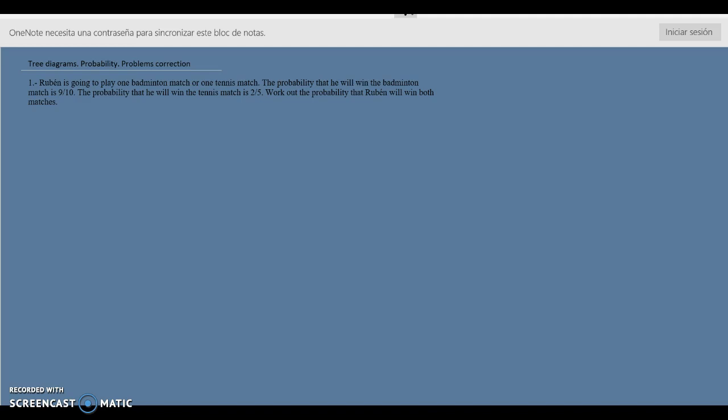So Ruben is going to play one badminton match or one tennis match. So the first event is the match that he's going to play. Let's divide into branches. At the end of the branch, we put badminton.